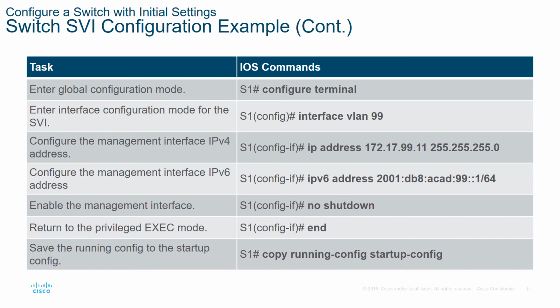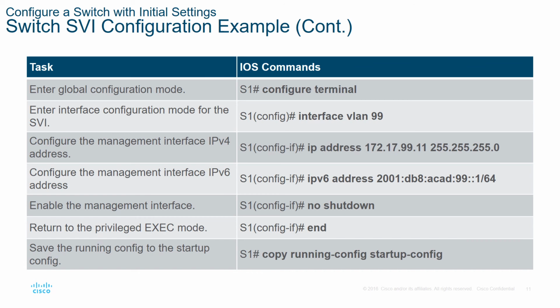Okay, so now I want to tell you one important thing. In this example, we configured both IPv4 as well as IPv6 address for this interface VLAN 99. I already said that if you are going to configure IPv4 and IPv6 address for this interface, you have to configure the command sdm prefer dual-ipv4-and-ipv6 default.